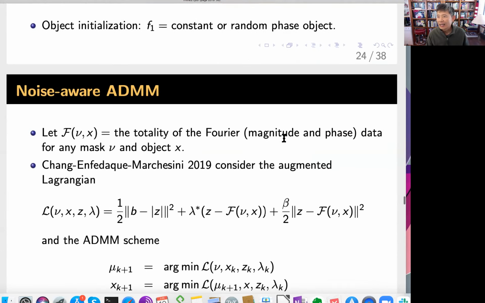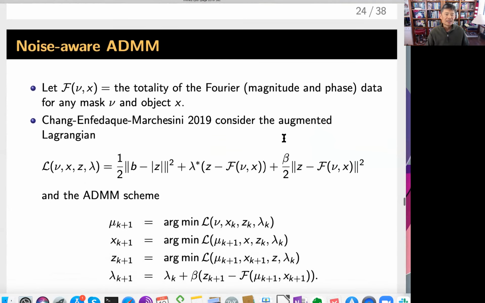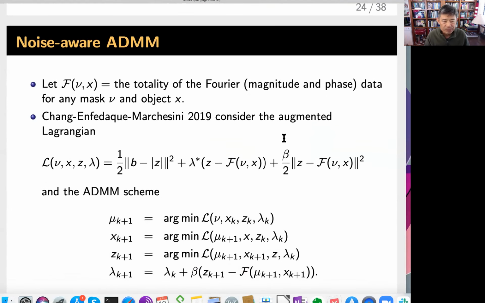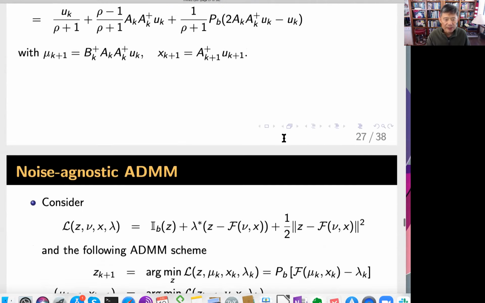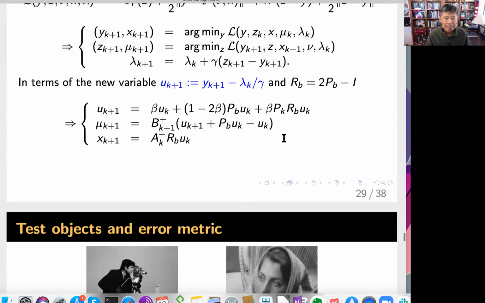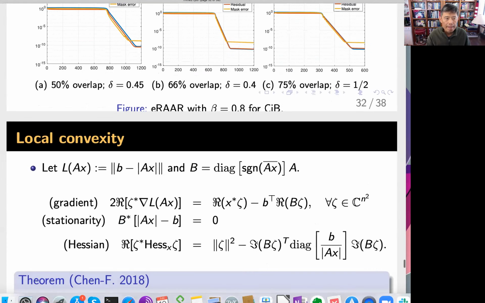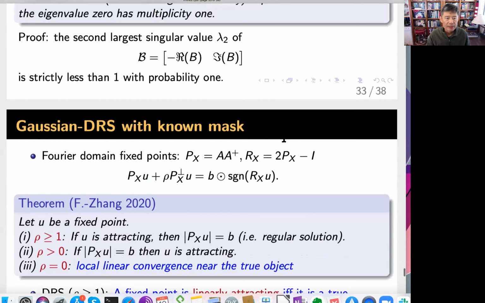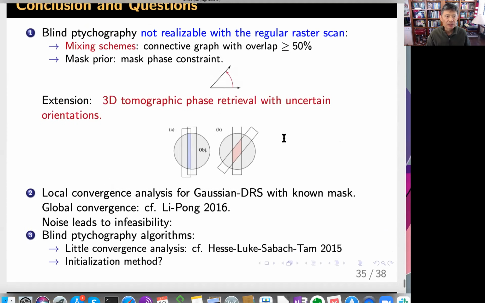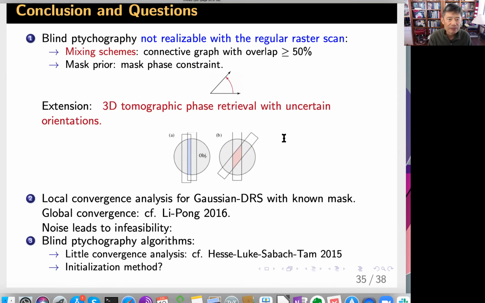And I think my time is up, and I will skip all these algorithms that we developed. And let's go to the final conclusion. All right, so the first message is that blind ptychography cannot be realized with a regular raster scan.